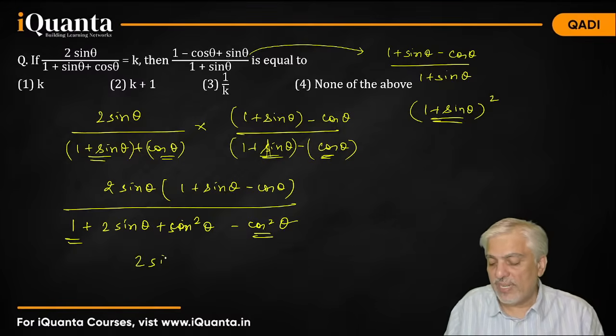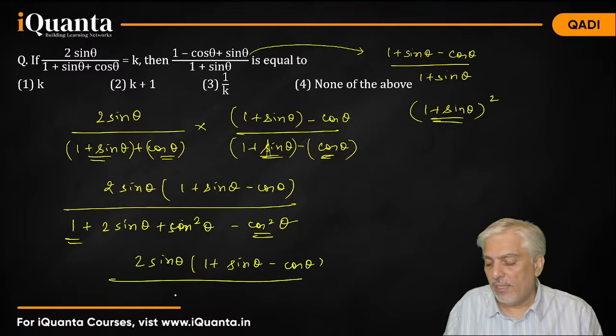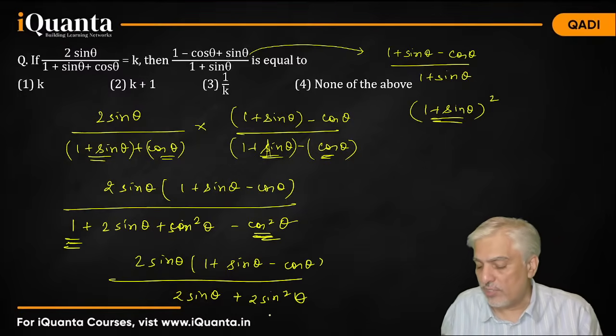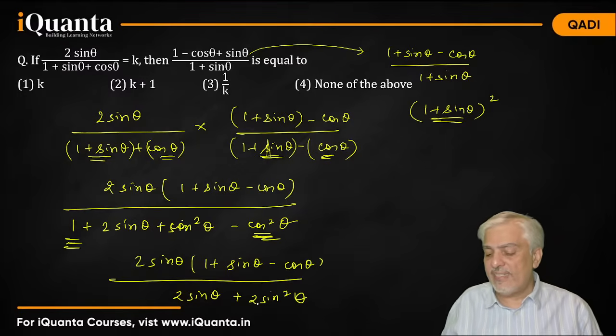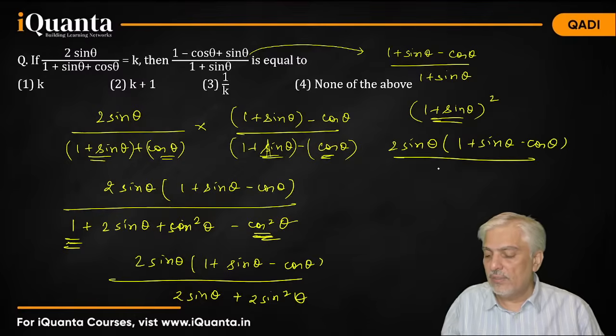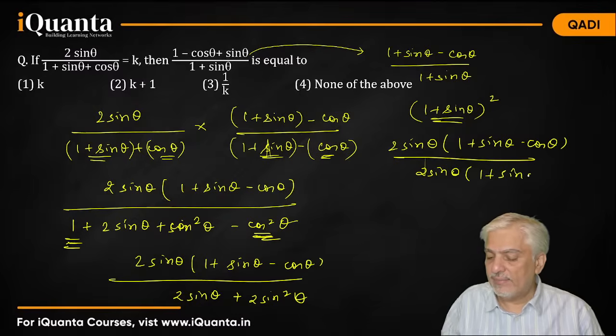1 minus cos square is the same as sine square theta. So we'll get 2 sine theta upon (1 plus sine theta minus cos theta) upon (2 sine theta plus 2 sine square theta). 1 minus cos square is sine square, so sine square plus sine square, 2 sine square. Take 2 sine theta common. So you get 2 sine theta upon (1 plus sine minus cos) upon 2 sine theta common, (1 plus sine theta).